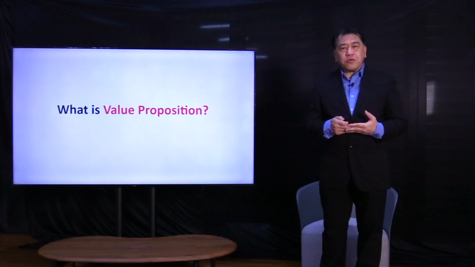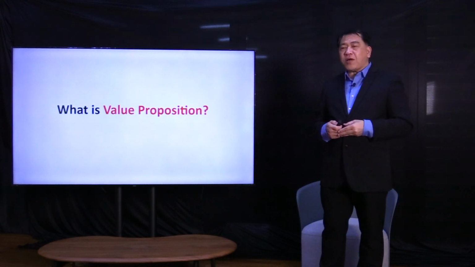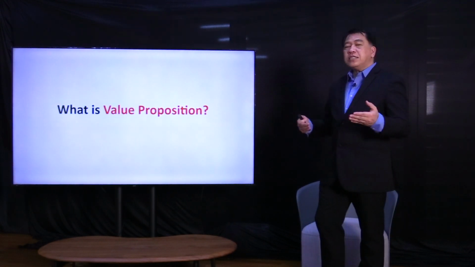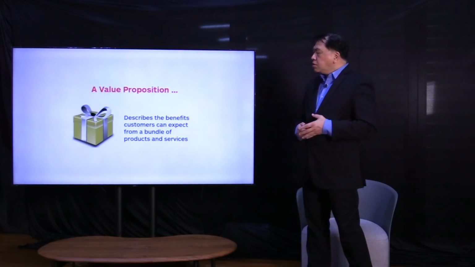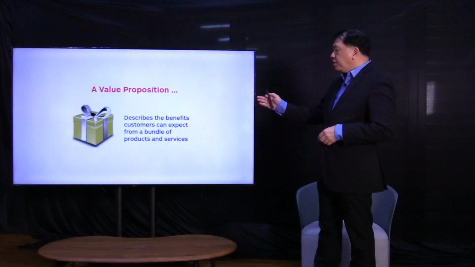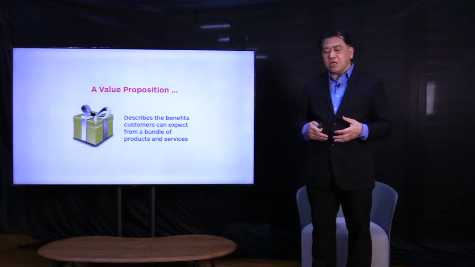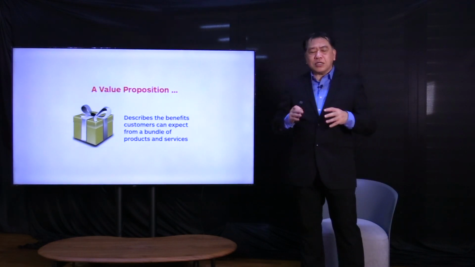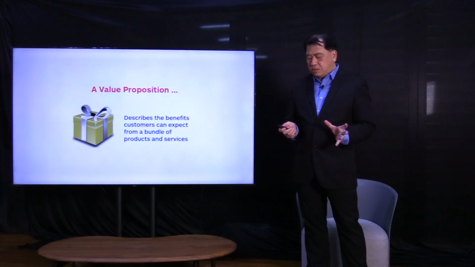So therefore, in order to do that, we have to think about something called the value proposition. And it's in sync with the design thinking approach that we talk about. The value proposition describes the benefits a customer can expect from a bundle of products and services. So we extend beyond just product, right? It's a comprehensive offering for the customers.